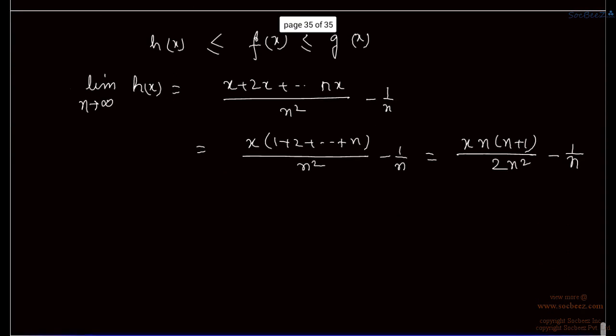Further, n and n can be cancelled. So we have x into n plus 1 upon 2n minus 1 upon n.